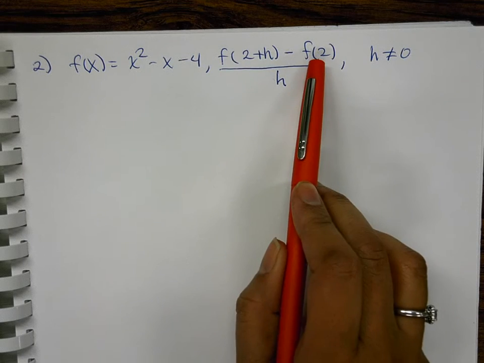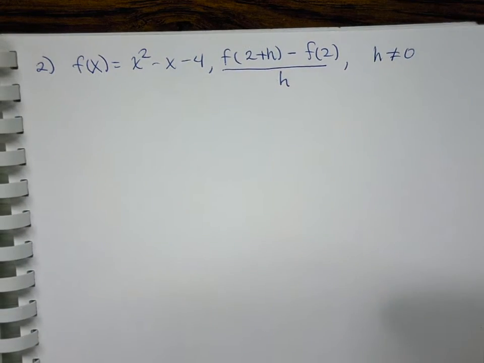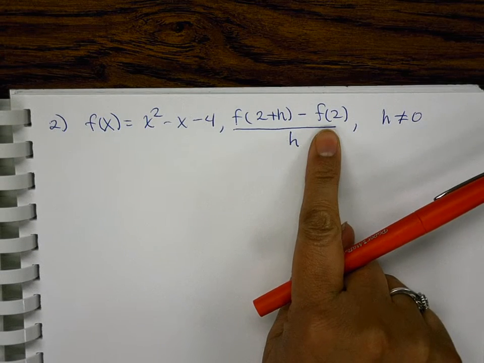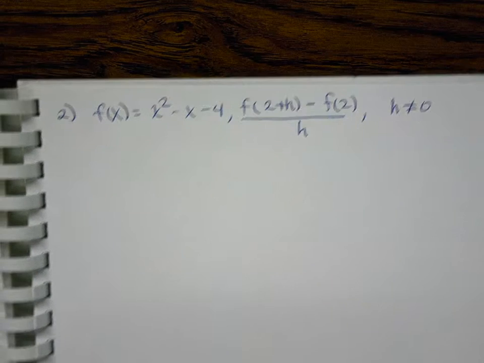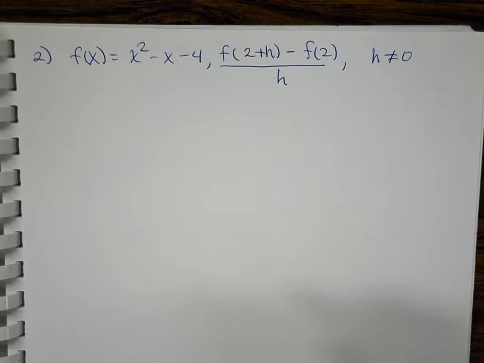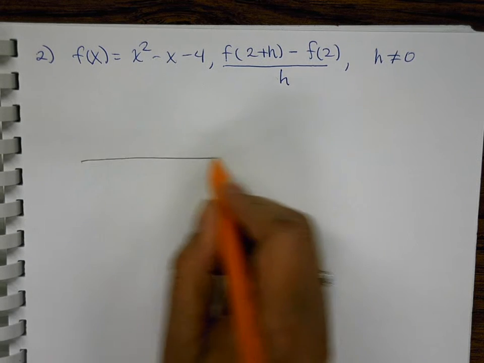Okay, we're going to take this f function. We're going to put the f function here and the f function here. Make note that on the last one that we did, this was simply f of x, where on this one it is a number, f of 2. Still going to treat it the same way. All right, so let's set this up.